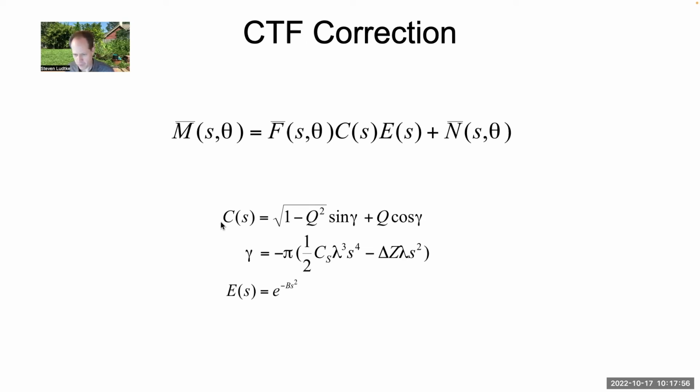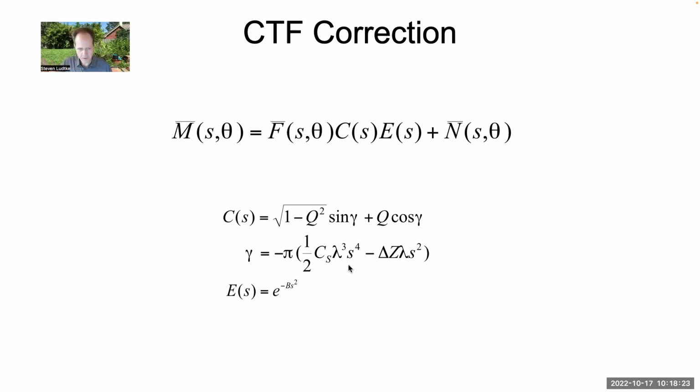This is the functional form for the contrast transfer function part. Don't worry, I'm not getting into the math in any great detail, but you can see that it's a sinusoidal oscillation. It's just that the thing that it's taking the sine of is this rather complicated expression. S is basically the x-axis in Fourier space. It's the spatial frequency, and you can see that it's a sine of something to the second and fourth power here.